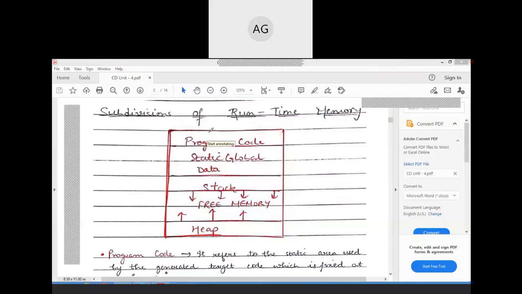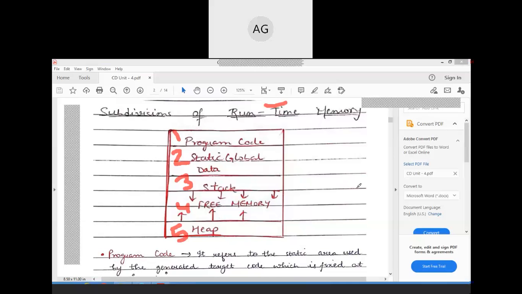There are many subdivisions of this runtime memory. The subdivisions are: first the program code, then the static global data, then the stack, then the free memory, and then the heap data structure, which you already studied in your data structure and algorithm subject.